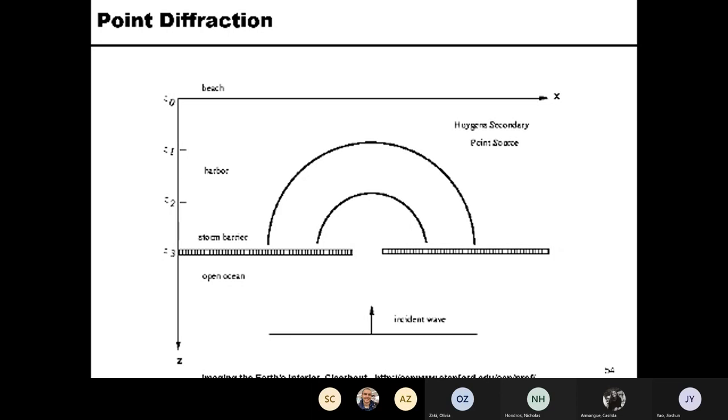What he says is that each point of a wave front can be treated as a secondary source. So from one point of a wave you generate this curve, but from another point you generate another curve, right?